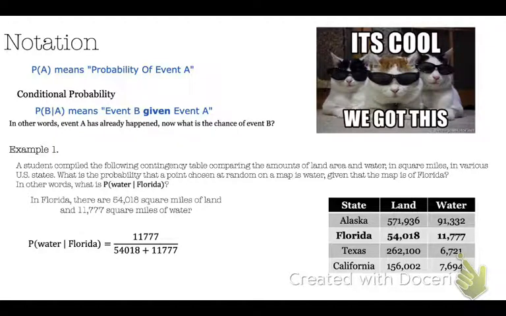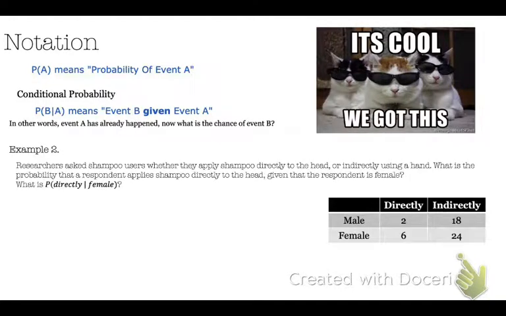So the probability of picking water, given that it's Florida, would be 11,777 divided by those added together. So you get that fraction, which is about 0.179. So that would be 17.9%. Cool? Let's do another one.